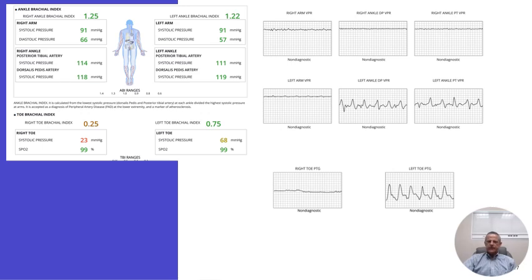So if this patient's still in the office, you would consider having it repeated, and this is most likely a user error type of thing because you have normal waveforms at the ankle on one side, but your arm and leg waveforms are all markedly flattened. This would be consistent with a potentially non-diagnostic study, which should be repeated or perhaps reflexed to a more formal study.